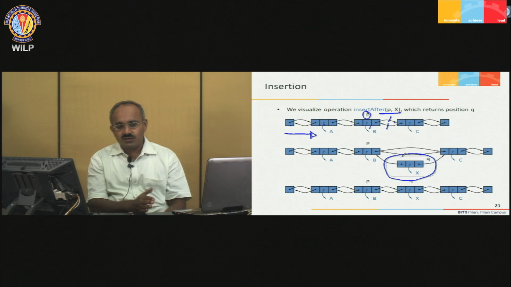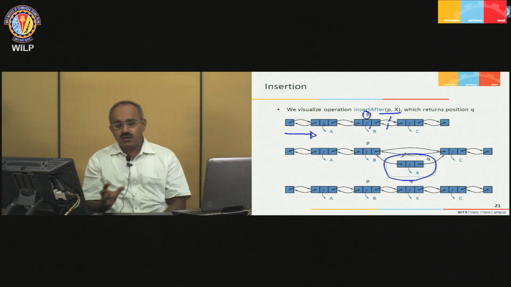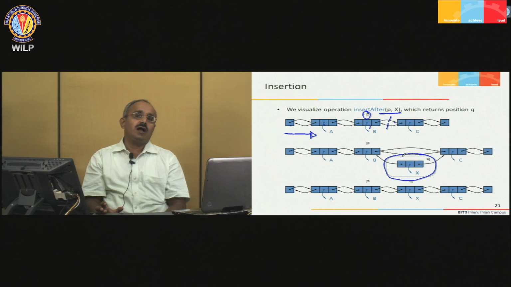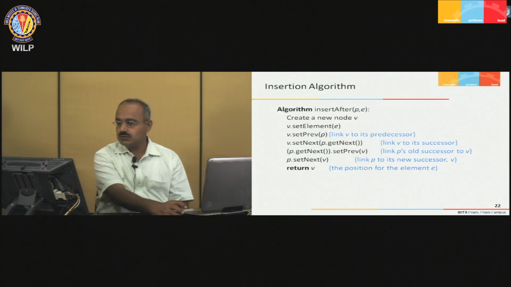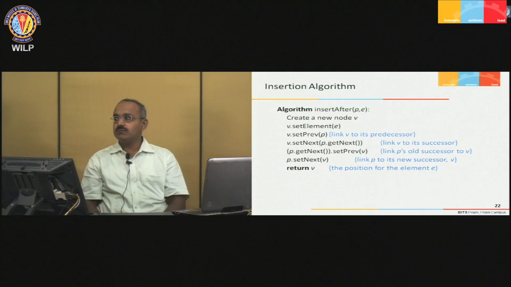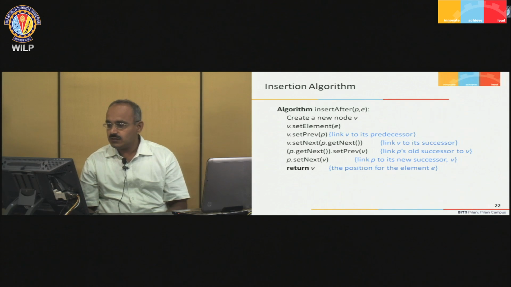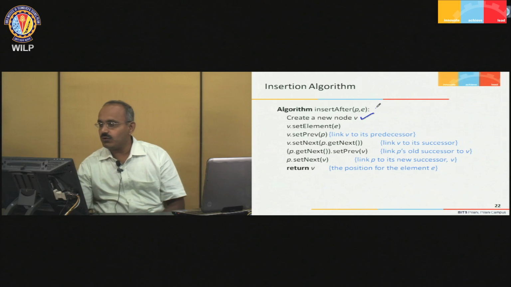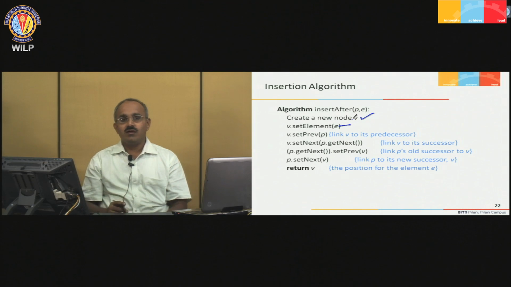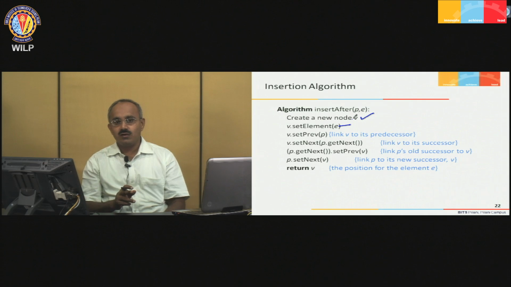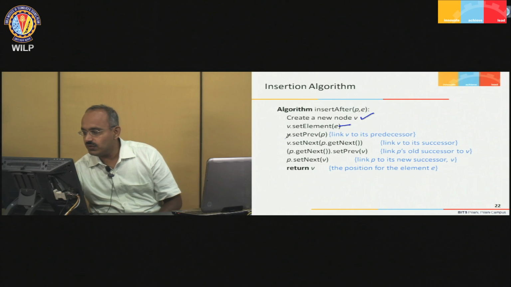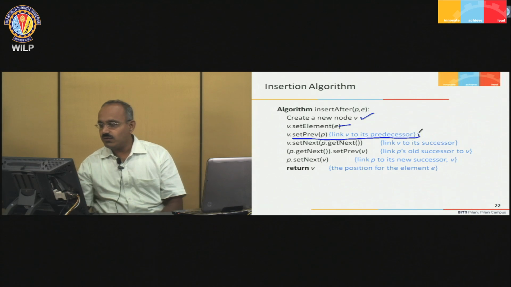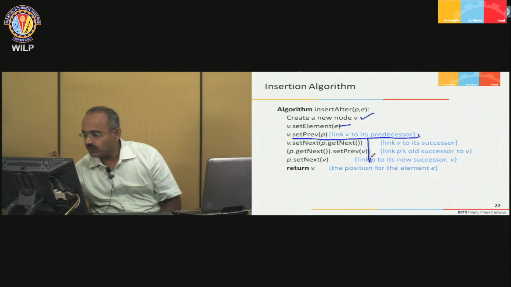So insertion is: traverse up to a certain point, create the particular node which you want to insert, and then simply readjust the pointers. That's a simple insertion algorithm that we have. It's a pseudocode again. As we said, first create a new node V where you want to store that element E. So the first step is to create a node, and then you traverse up to this, and then simply adjust the pointers.